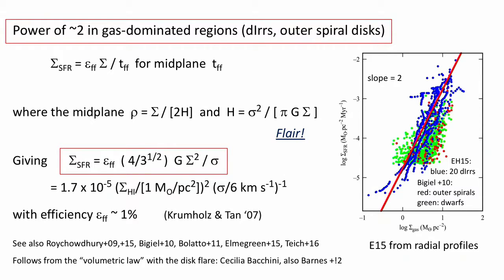You plug that in, you get your column density squared divided by this rather fixed velocity dispersion, and for a universal efficiency of about 1%, which seems to be true everywhere, Krumholz has a recent review that he's writing, which shows that pretty well. Efficiency, this is another piece of magic. Not only is the thickness about constant in main disks, but the efficiency is about the same. And that is just the red line here plotted on top of 20 dwarf irregulars and a bunch of outer disks.